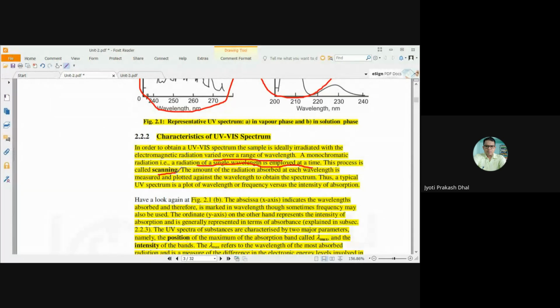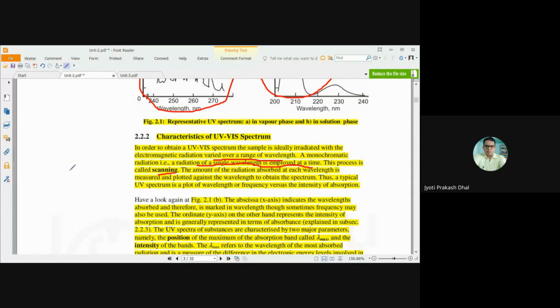That means for the analysis of the sample, electromagnetic radiation of the UV visible range, that means around 200 nanometer to 800 nanometer, is used. So there will be a complete scan. For every step, there will be a particular monochromatic wavelength.